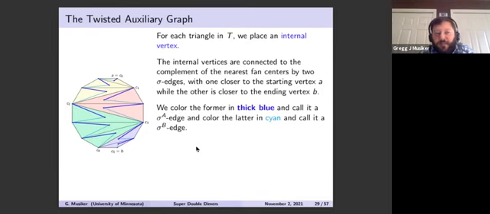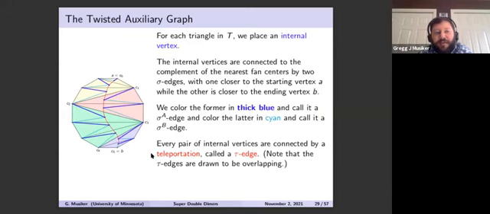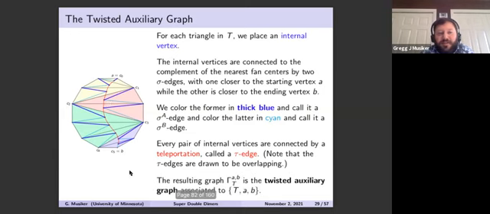And we denote them in thick blue and light cyan, depending on whether that edge in question is closer to vertex A or closer to vertex B. And then finally, all the face centers are connected to one another along a spine that allows you to teleport from any center to another. Sorry, not a fan center, but a face center, a center of a triangle. And the resulting graph is called the twisted auxiliary graph.